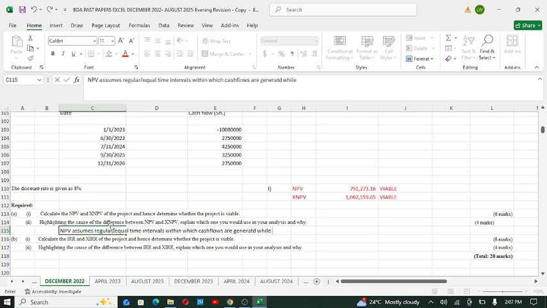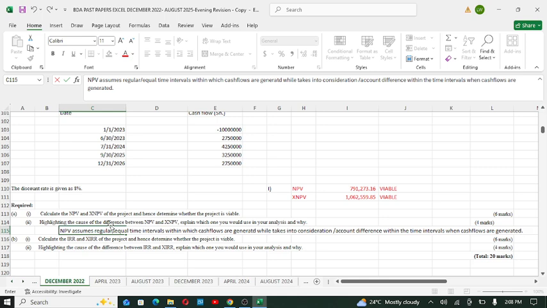XNPV takes into account the differences within the time intervals when cash flows are generated. That's the explanation you can give.